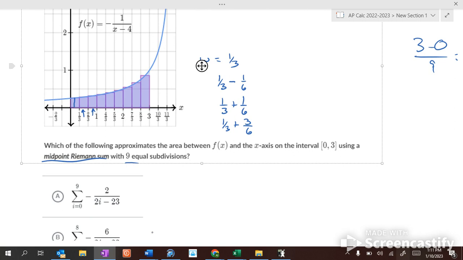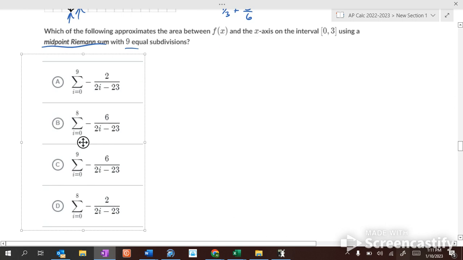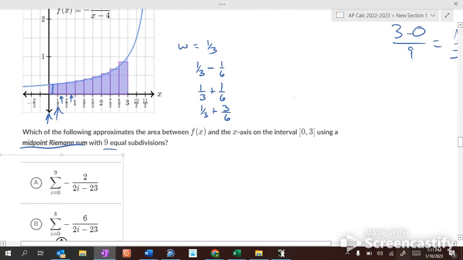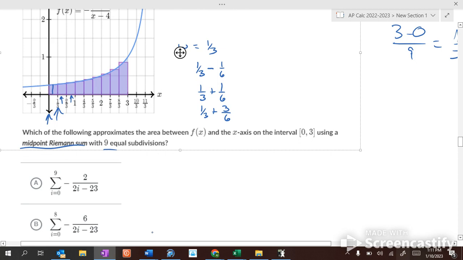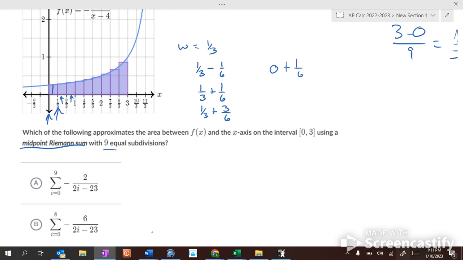So instead of starting at 1/3, it would be more appropriate to start down here and then take the 0 plus 1/6, so I don't have that minus sign, and 1 times 1/3 plus 1/6, or else plus 3/6, and then we go plus 5/6, 0 plus 3/6, 0 plus 5/6, and so on.